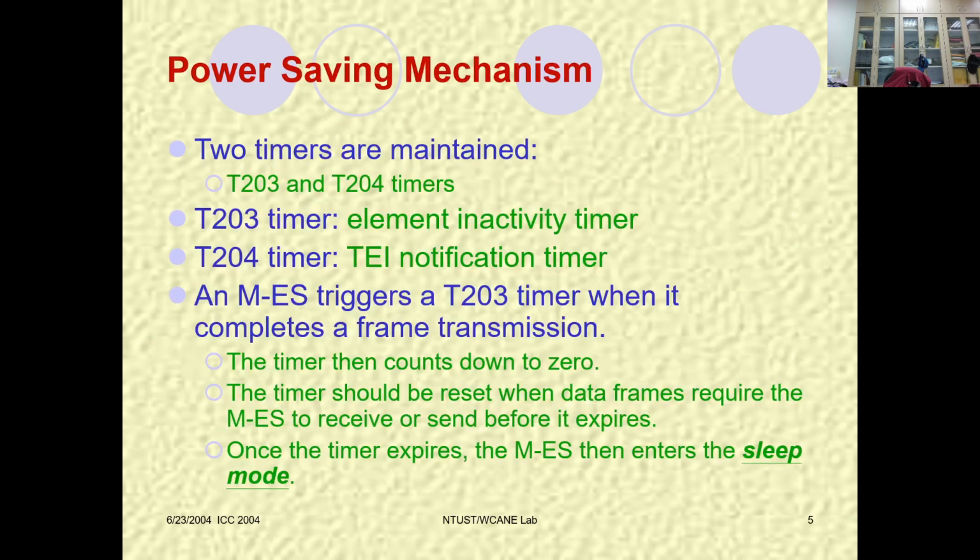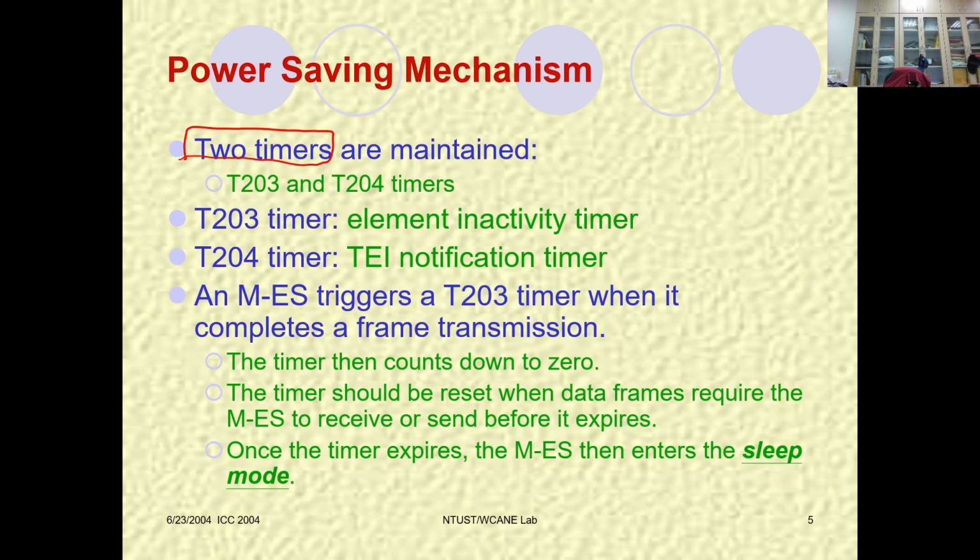Well, first of all, let us check the pulse saving mechanism in CDPD. To have the pulse saving mechanism, usually we can have timers. And we will employ two timers in CDPD.